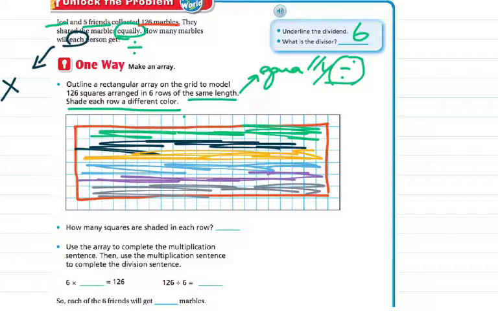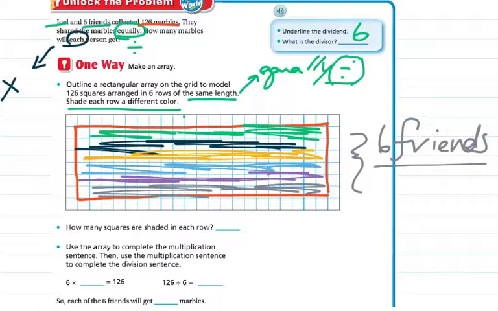So you see, what I have here is my 6 friends who are going to be sharing all of the marbles together. So it says to count how many squares in each row. So what we're going to do is count them out: 1, 2, 3, 4, 5, 6, 7, 8, 9, 10, 11, 12, 13, 14, 15, 16, 17, 18, 19, 20, 21. There are 21 squares in each row.